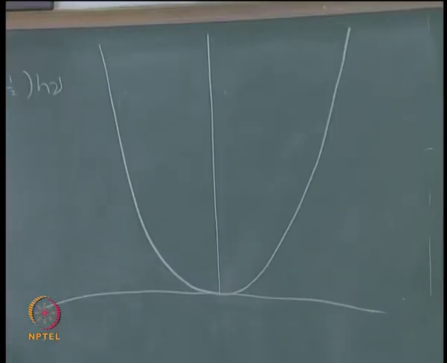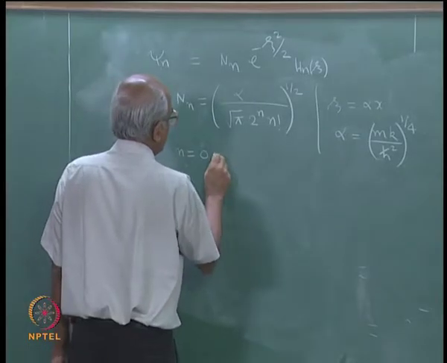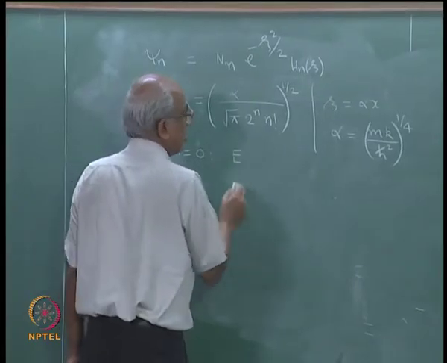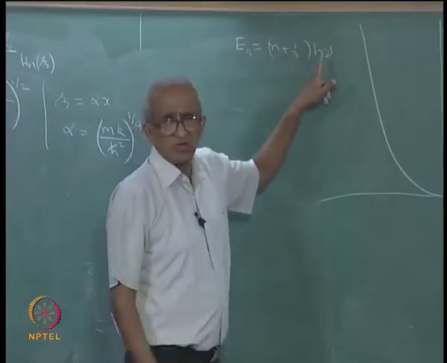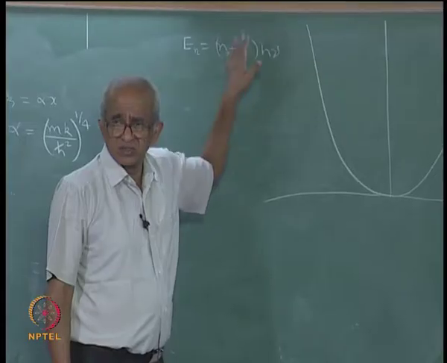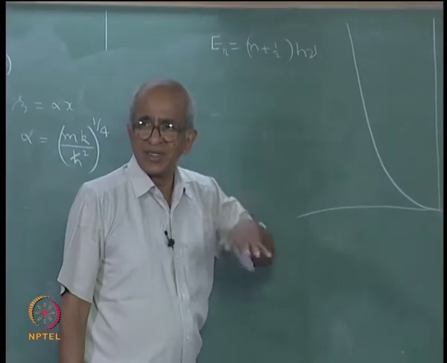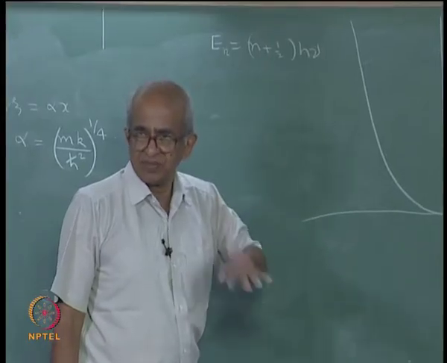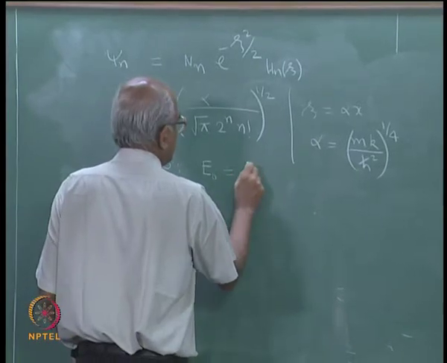Let us look at the situation where n is equal to 0. What will happen? The energy will have the lowest value, because energy is of the form E n is equal to n plus half h nu. N can take on the values 0, 1, 2, 3, 4, etc. So, n equal to 0 is the lowest possible state. We always say that that is the ground state of the system. So, the energy will be E 0 and it will be equal to half h nu.